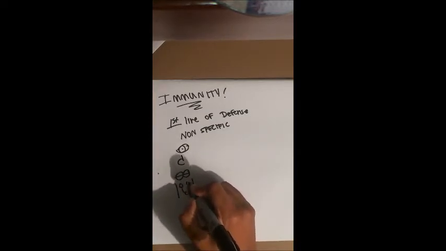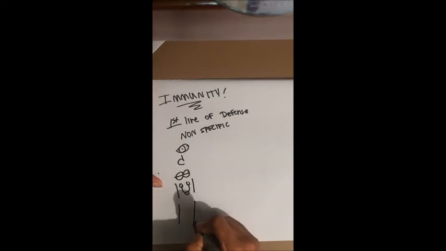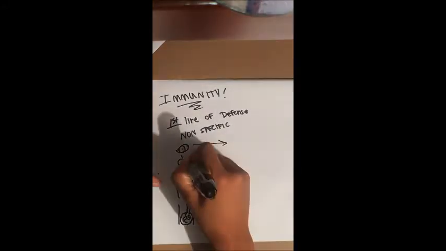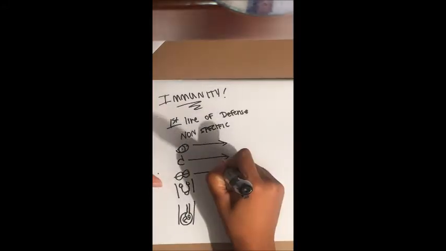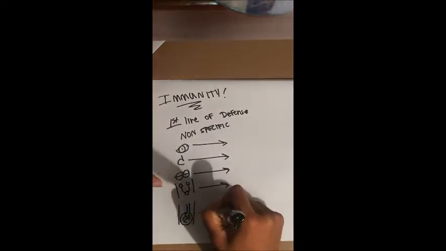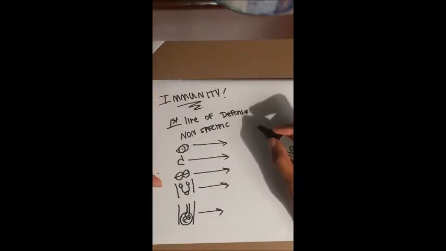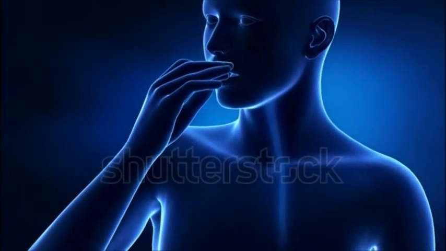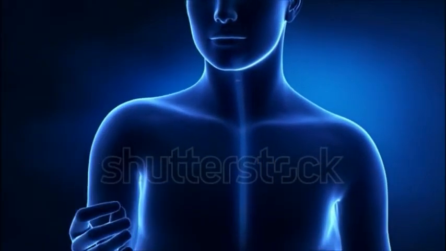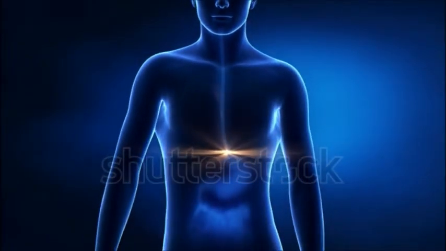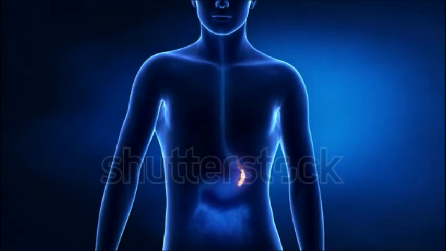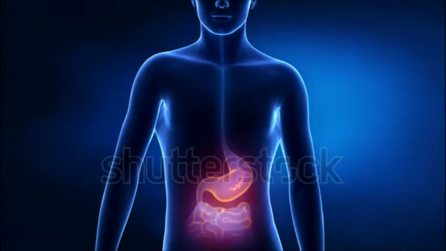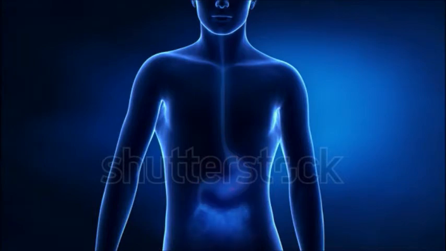The next thing you have is your GU tract, where males have a long urethra that's acidic, and females have a shorter urethra, and they also have bacteria in the vagina. And then lastly, we have the GI tract, which includes your stomach, which is very acidic and kills bacteria, and your intestines that have a high population of flora, as we mentioned before, and how flora can actually benefit you.